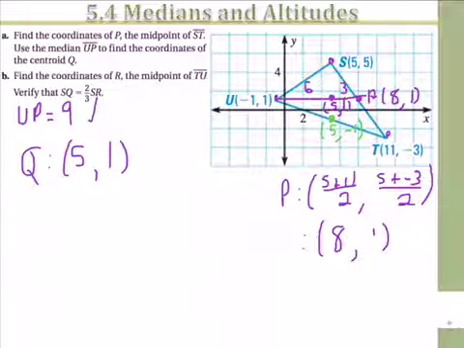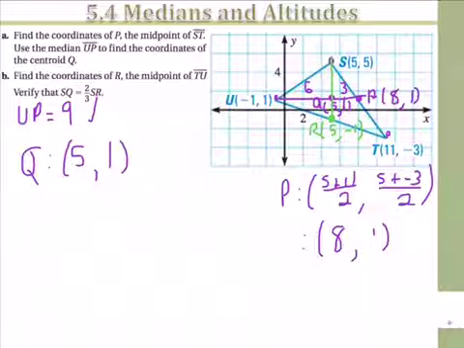Verify that SQ is 2/3 of SR. Okay, so this is S. Q is in the middle here. Sorry, that's not S. What am I doing? That's R down there. So what I want to do is verify that SQ is 2/3 of SR. Okay. So fortunately, this also works out really, really nicely in that this line is vertical. Great.